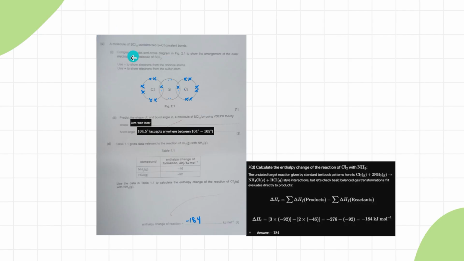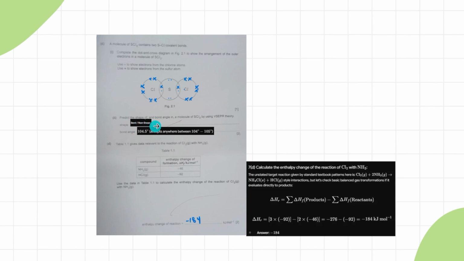A molecule of BeCl2 contains two Be-Cl covalent bonds. Complete the dot-and-cross diagram in Fig 2.1 to show the arrangement of the outer electrons in a molecule of BeCl2. Use dots and crosses. So this is my drawing. I think it is correct.